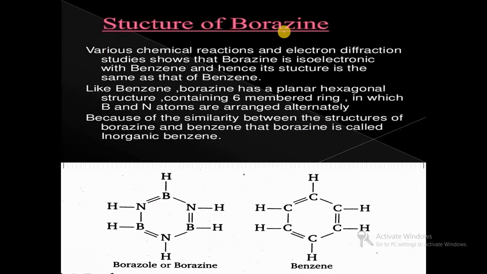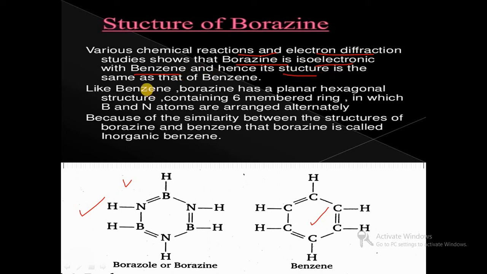In the case of the structure of borazine, it is like benzene, that is BH NH BH NH BH NH, the aromatic one like benzene. Various chemical reactions and electron diffraction studies show that borazine is isoelectronic with benzene. In multiple choice questions they will ask such a question.